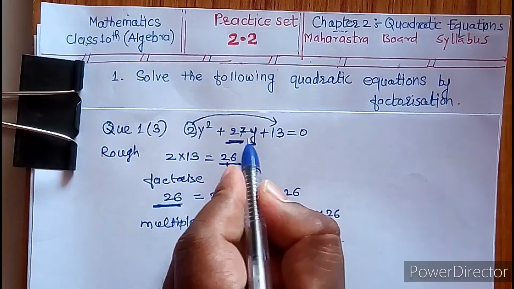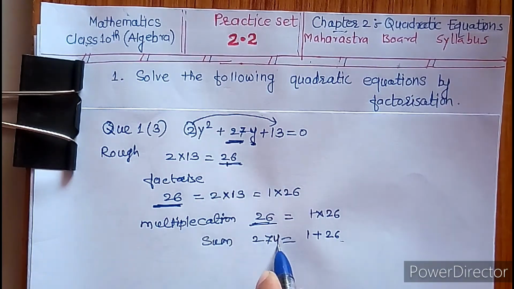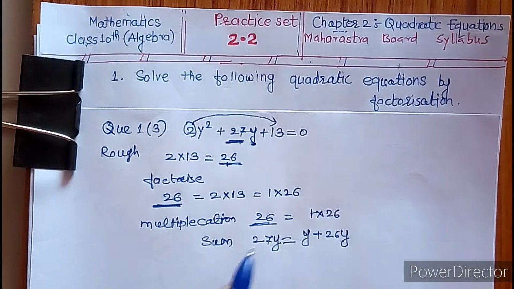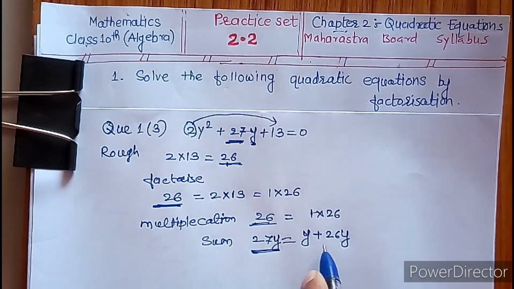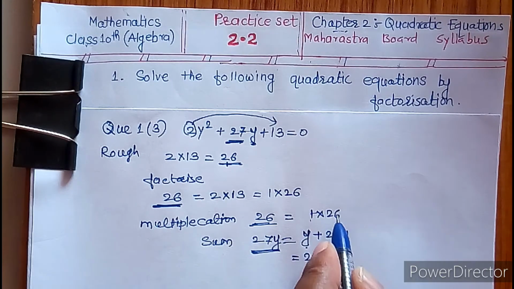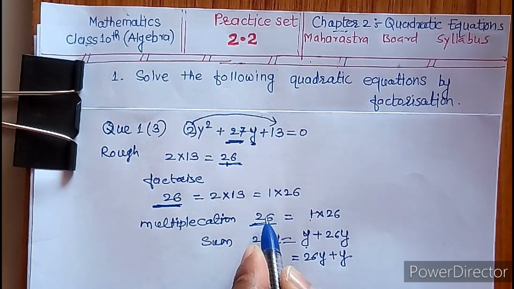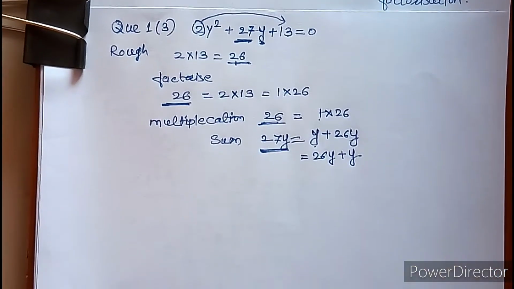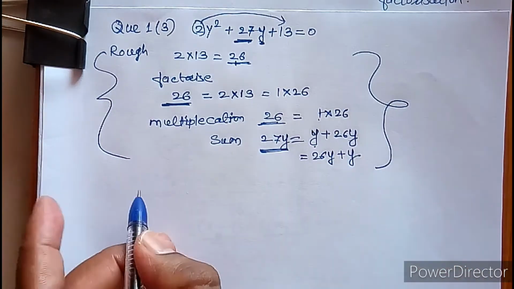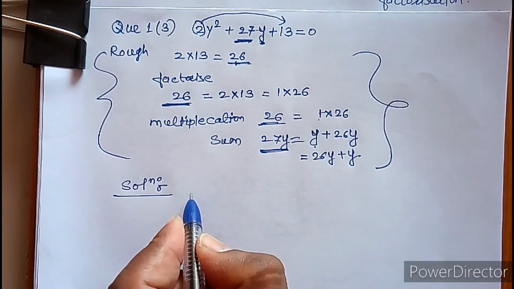Now 27y can also be written as y plus 26y, or 26y plus y. These are the factors 1 and 26 whose multiplication is 26 and sum is 27. Now this is the rough part; for understanding purpose we have solved this. Now the solution of this problem is starting.